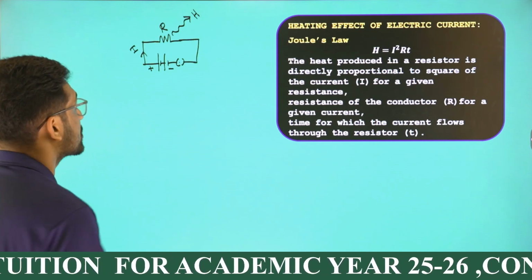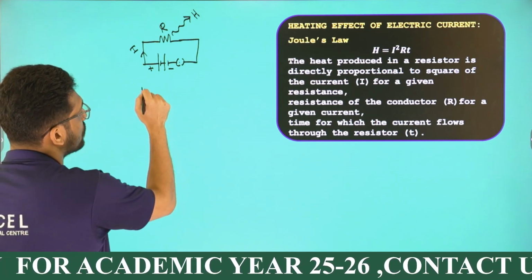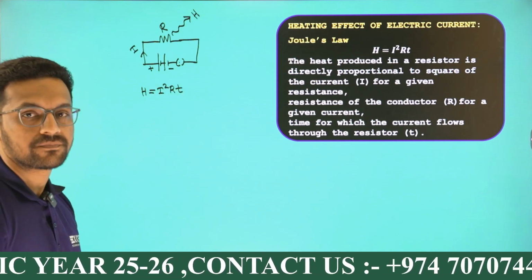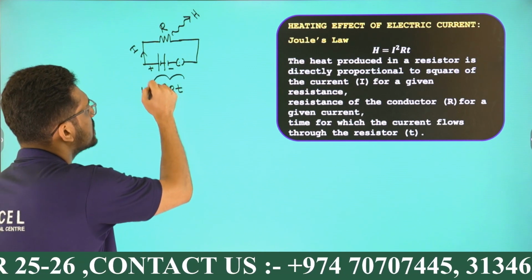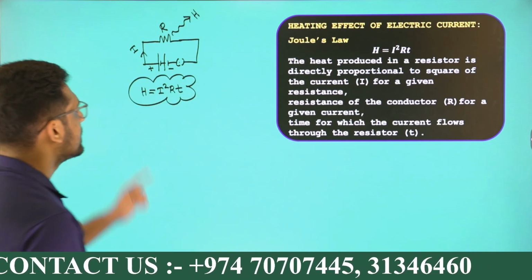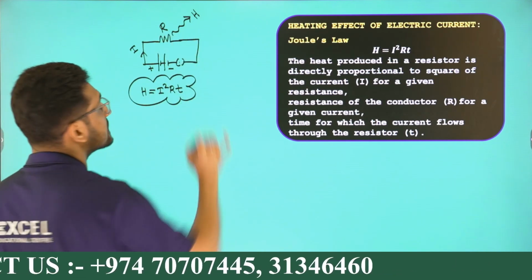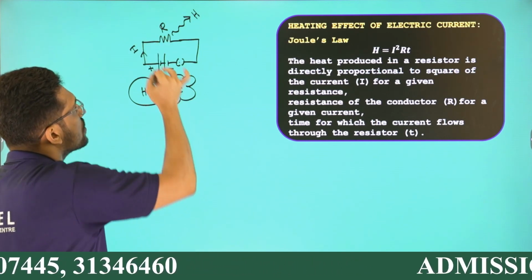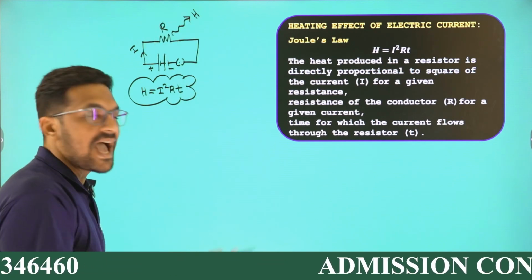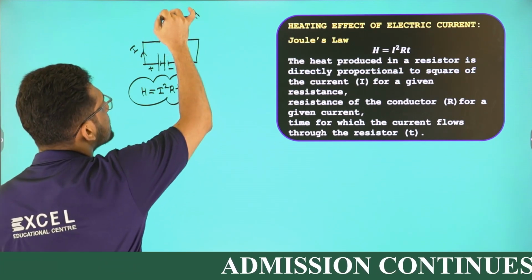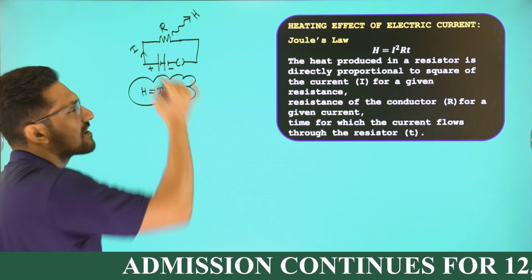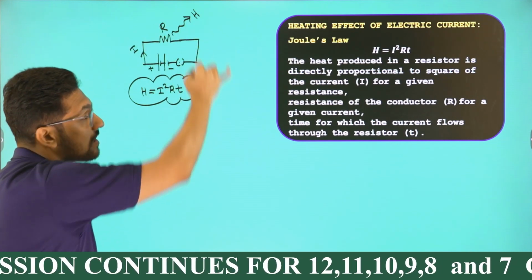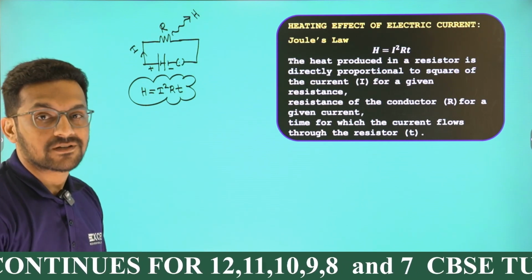You can understand that with Joule's law. Joule's law is H equals I square RT. How do we state this? The heat produced in a resistor is directly proportional to the square of the current for a given resistance, directly proportional to the resistance of the conductor for a given current, and directly proportional to the time for which the current is passing through the circuit.